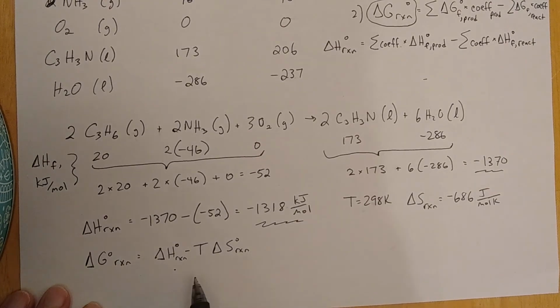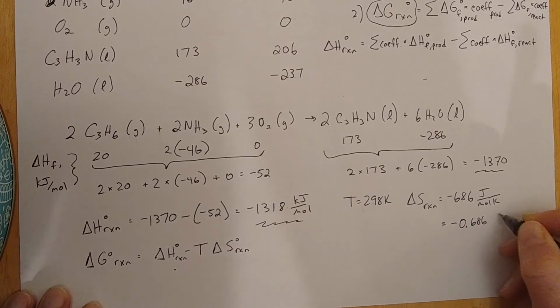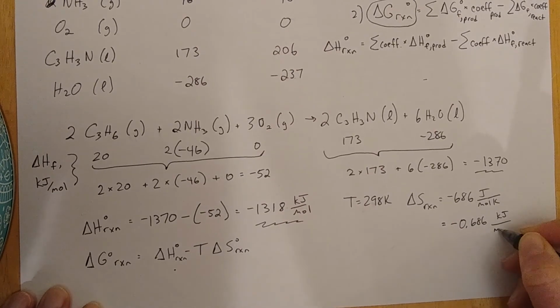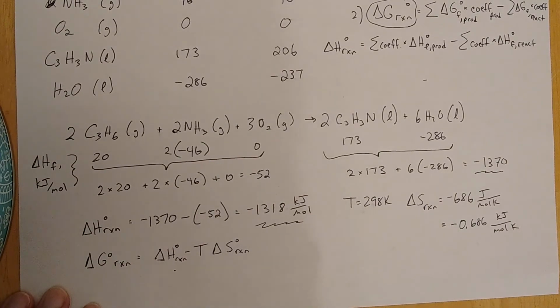The value for delta G is probably going to be fairly large, so I think it usually makes sense to express it in kilojoules per mole. So I can also express that entropy as minus 0.686 kilojoules per mole Kelvin. So I'm just moving the decimal place 3 spots to the left.